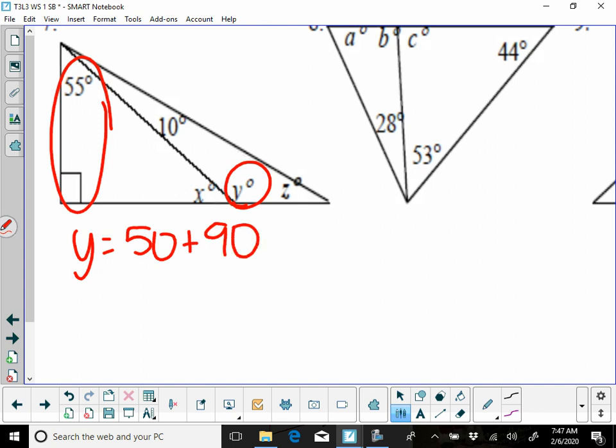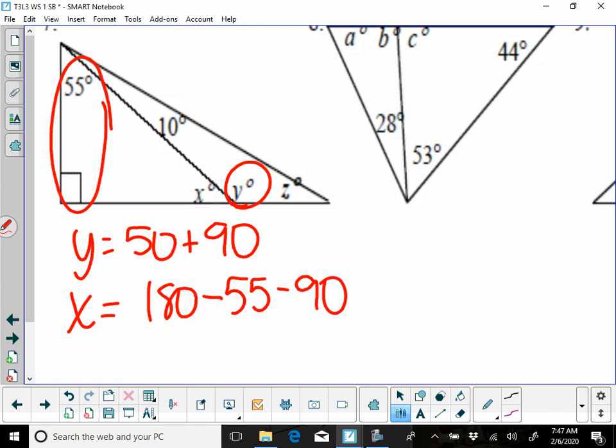Or you could have found x because you know that the sum of the internal angles is going to equal 180. So if you wanted to find x first, you could do 180 minus 55 minus 90. If I found y first, 50 plus 90 is going to give me 140. And if I found x next, 180 minus 90 is 90, and 90 minus 55 should be, oh, that's 55, y'all.